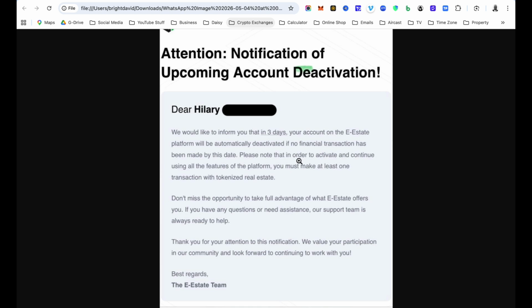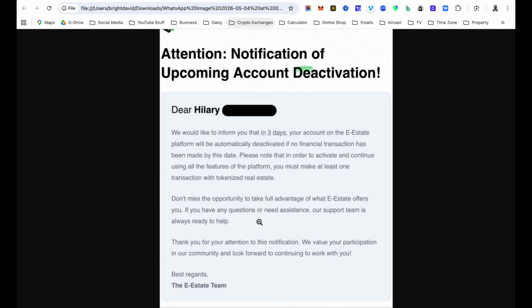Please note that in order to activate and continue using all the features of the platform, you must make at least one transaction with tokenized real estate. Don't miss the opportunity to take full advantage of what eState offers you. If you have any questions or need assistance, our support team is always ready to help you.